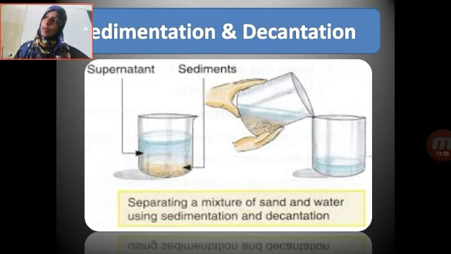Okay, so at the bottom the sediments get settled, so that is why it is called sedimentation, and the layers are formed. Like when you mix sand or mud in the water, as you can see here in the picture, the sand will go down and settle, that is called settling. Whereas decantation is separating out that clear layer of water or the top liquid carefully, so that the sediments do not come along with it.